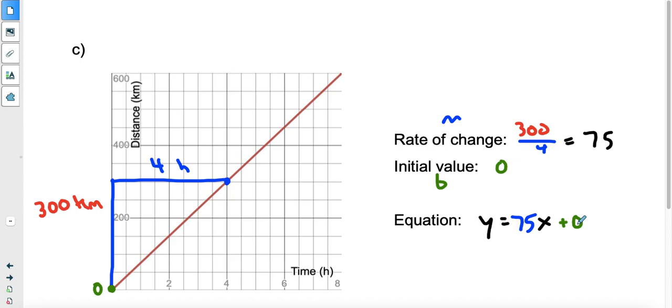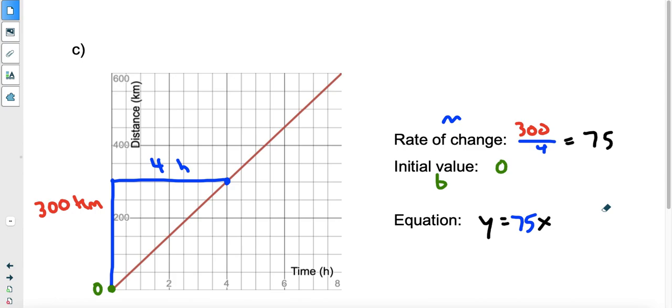Now, we know if we add 0 to any number, that just gives us that number back. Right? So say 5 plus 0, that's just 5. 6 plus 0, that's just 6. 7 plus 0, that's just 7. So that stands to reason, if we add 0 to 75x, that just gives me 75x. So I can leave my equation in this form.